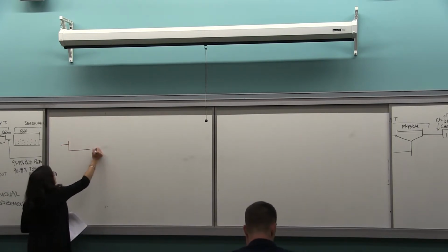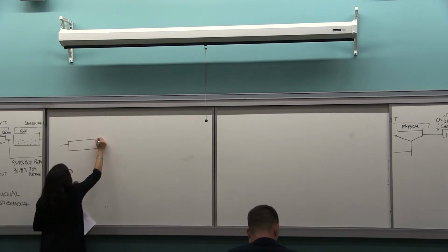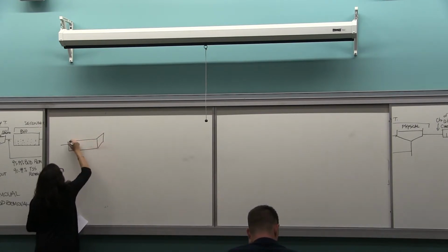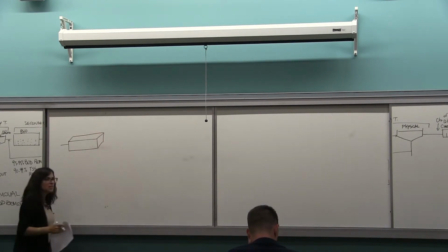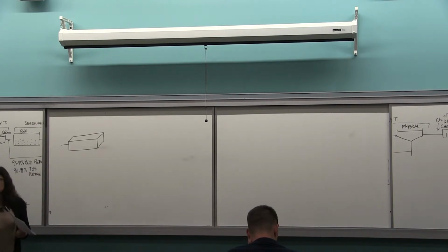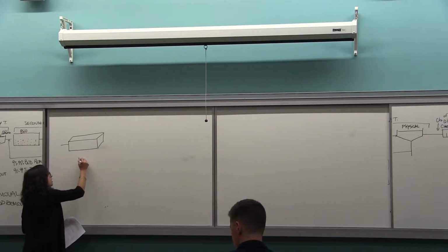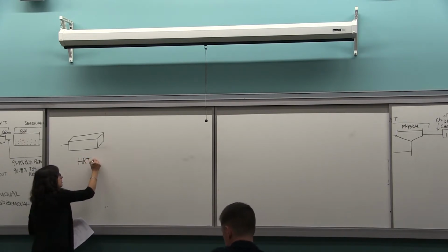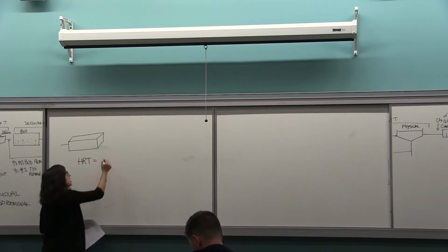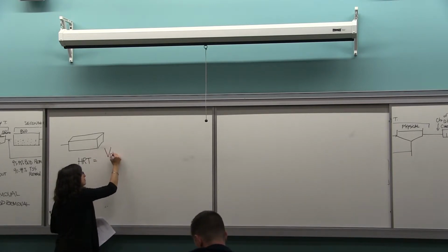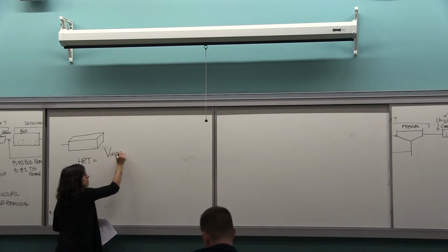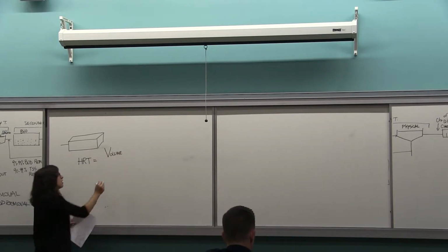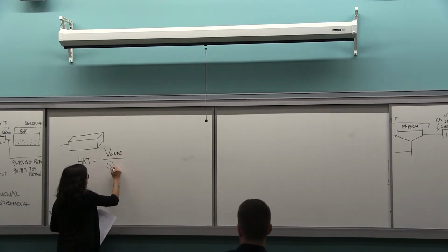So we have a rectangular tank. Another parameter that we use, not much for design, but mainly for operation, to get a sense of where it's at, is the hydraulic residence time. The hydraulic residence time is the volume of the tank over the flow rate.